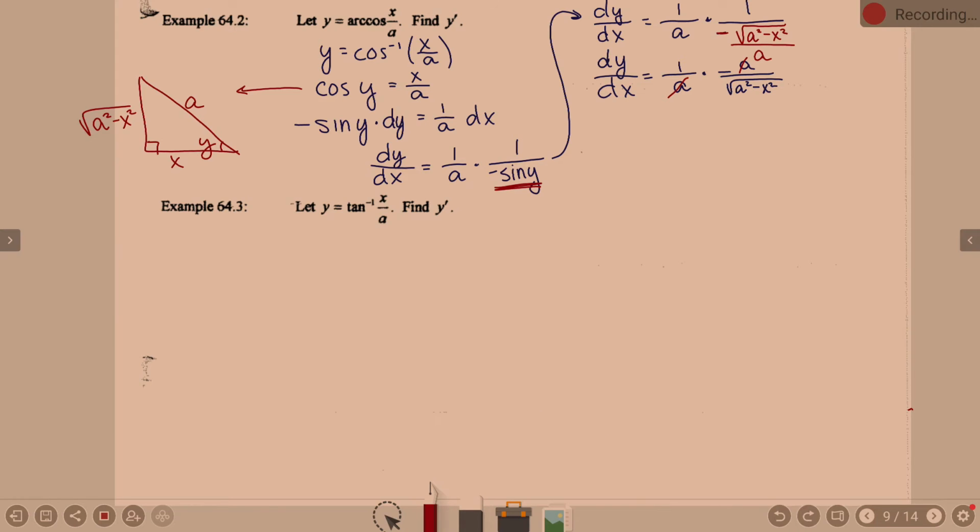The a's will cancel. And dy dx is negative 1 over the square root of a squared minus x squared.